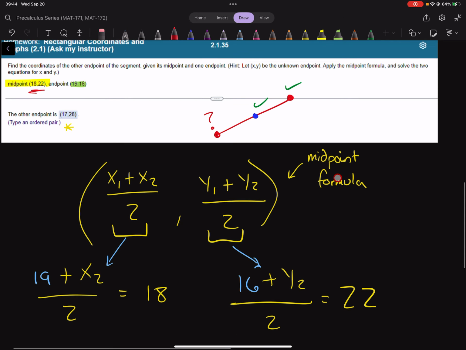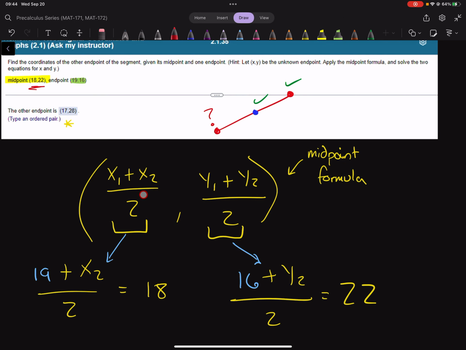Starting off with the midpoint formula, pretty much what we can do is substitute in information from the endpoint that we know and set these expressions equal to the midpoint information that we're given. So I set x sub 1 plus x sub 2 over 2 equal to 18.